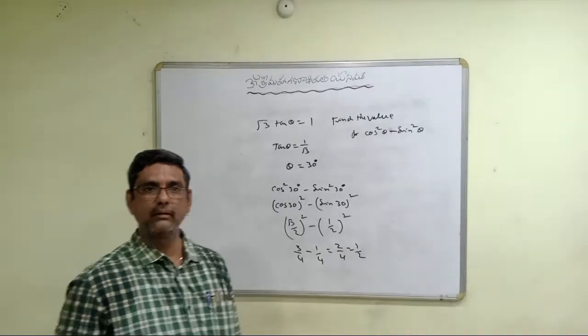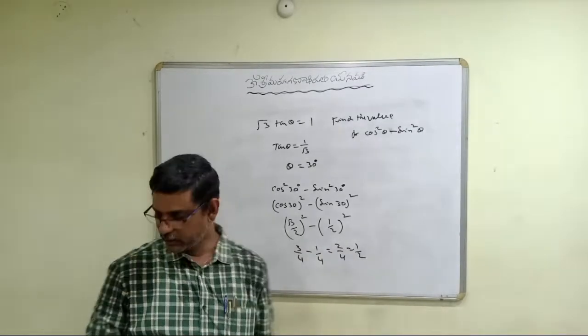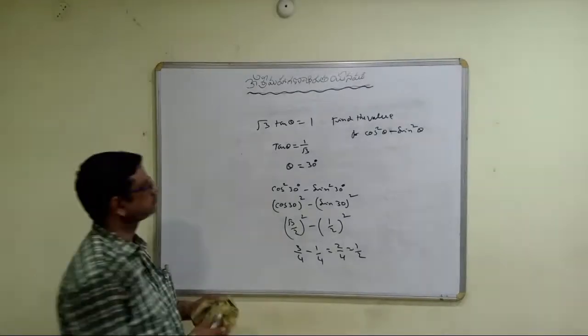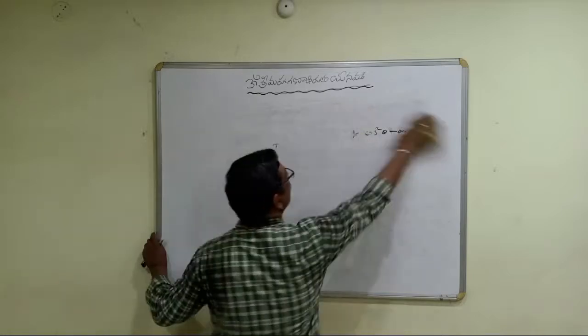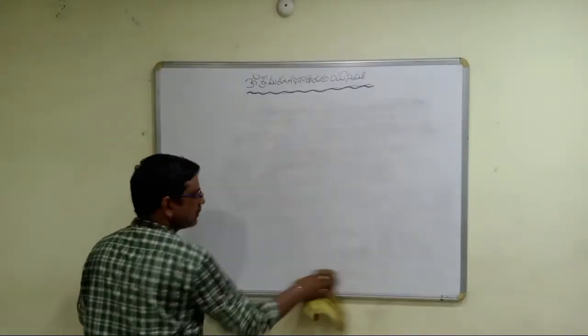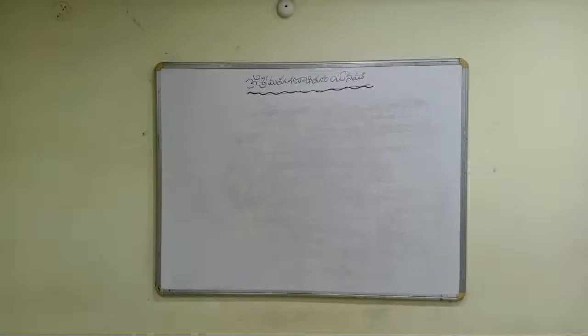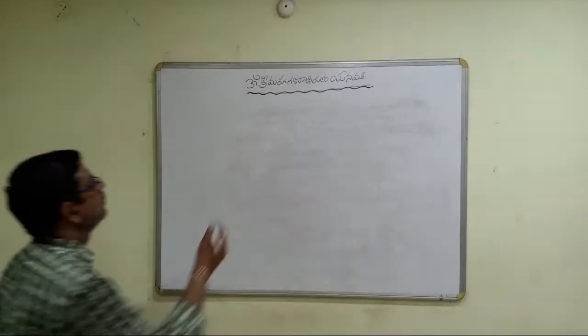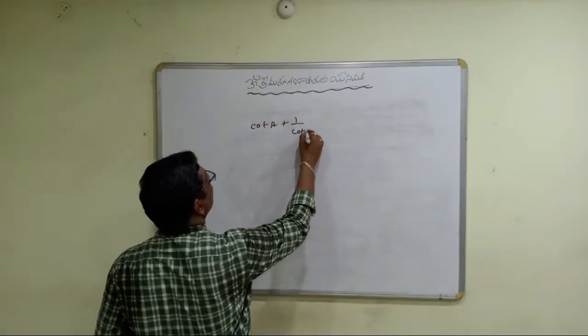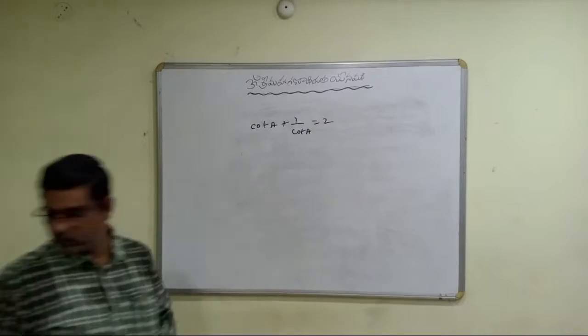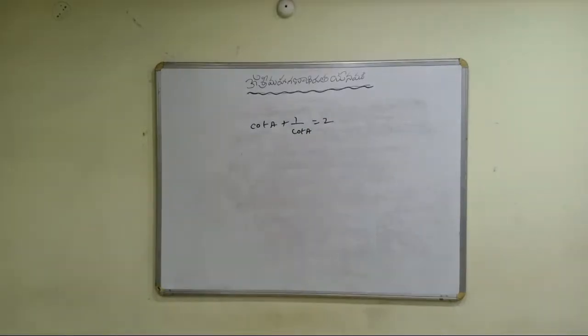Okay? So can I go ahead with the next one? Good. Next model is cot A plus 1 by cot A is 2.